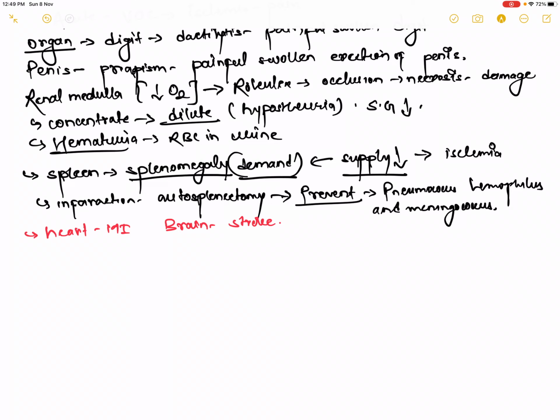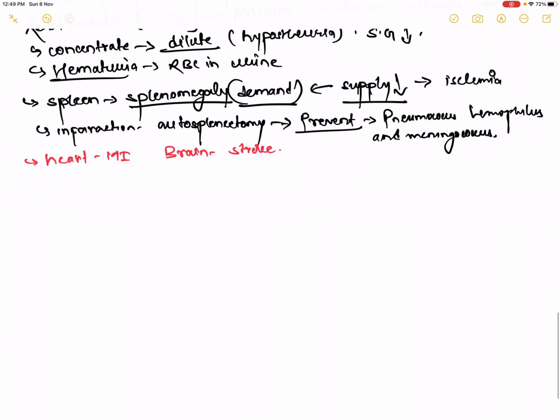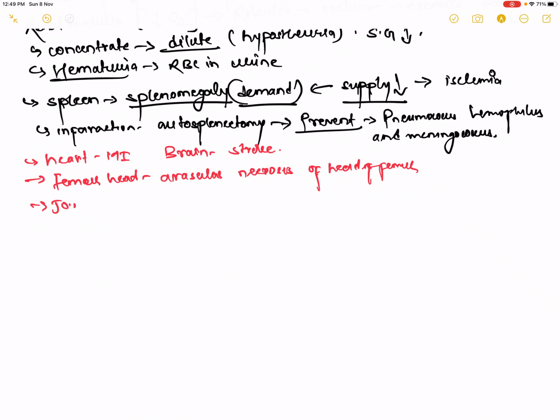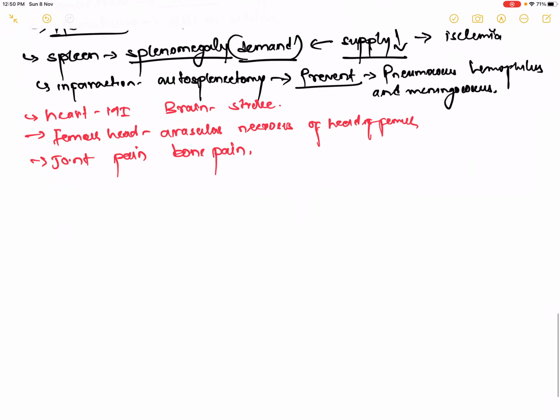Depending on the organs, in the bone, the femur head, leading to avascular necrosis of the head of the femur. So basically many joint pains and bone pain due to vaso-occlusive crisis can happen in sickle cell anemia.